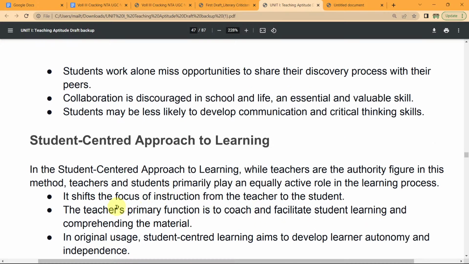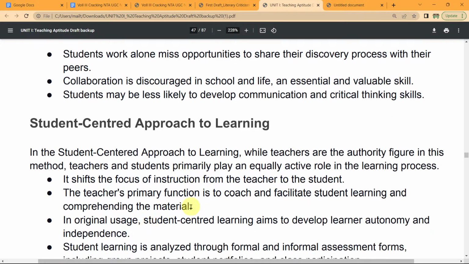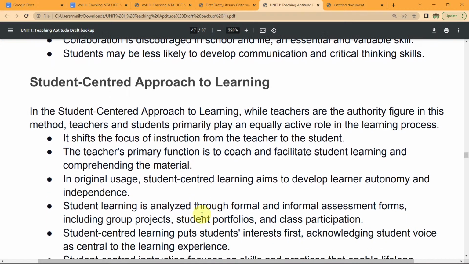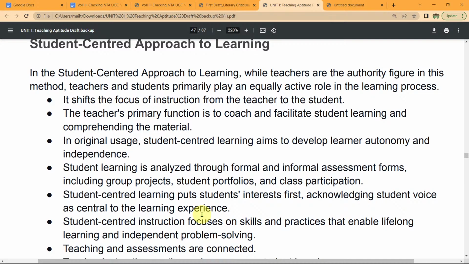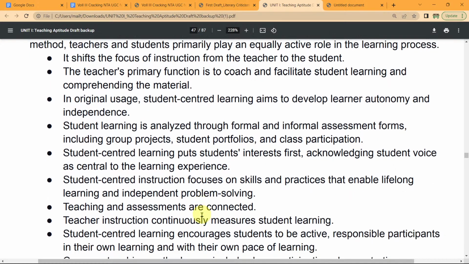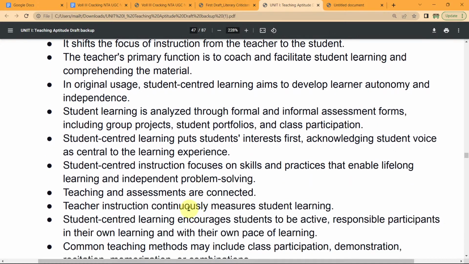It shifts the focus of instruction from the teacher to the students. Okay, the teacher's primary role here again is to coach and facilitate students' learning and comprehending the material. So that is student centered. A couple of things that you should remember: it is also personalized learning.